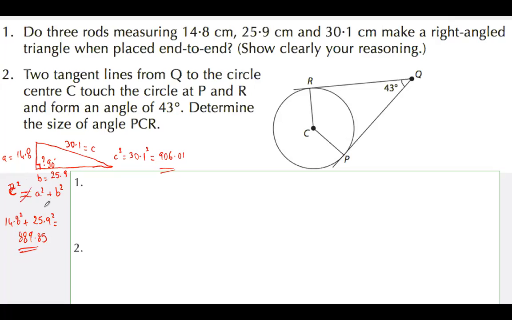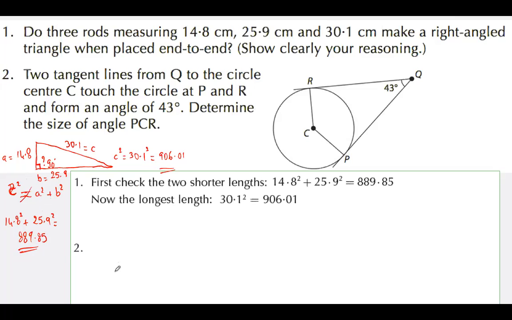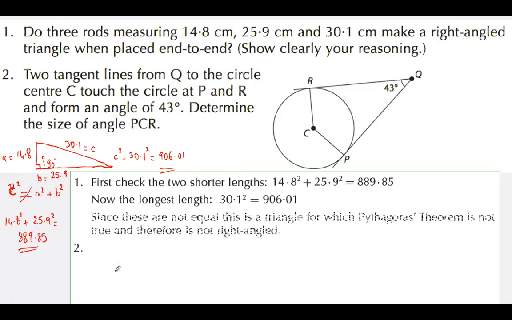So you come over here and say, no, that didn't work. The answer you would put is, based on the reverse of Pythagoras, this is not true. Therefore, we don't have a right angle, because C squared is different from A squared plus B squared.